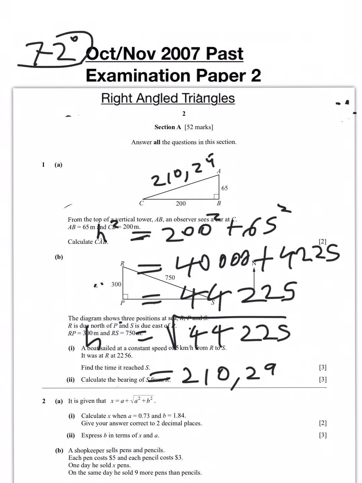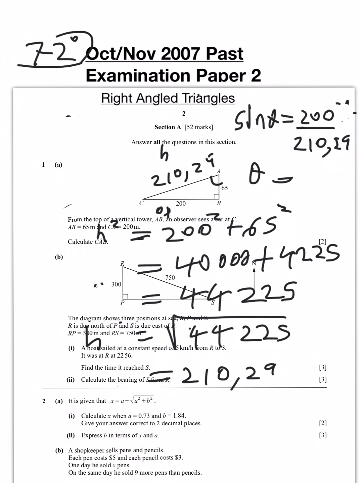So we are going to use this side, the hypotenuse, 210.29, and the opposite. Remember, if we have opposite and hypotenuse, what we are going to use is sine. Sine theta is equal to opposite, which is 200, over hypotenuse, which is 210.29.